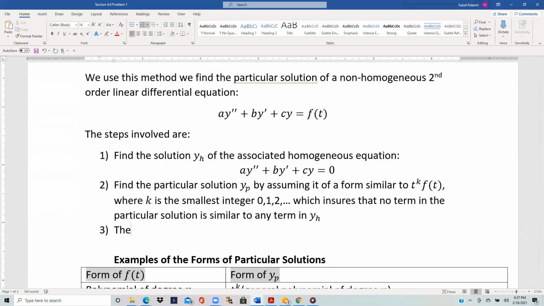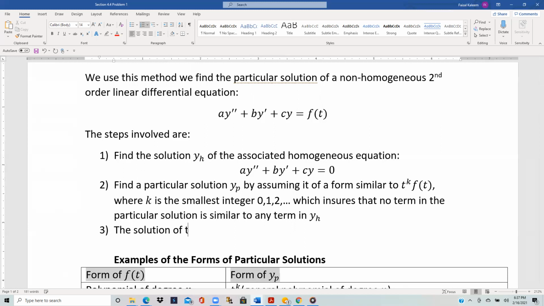The solution. So now we are not talking of the homogeneous solution or the particular solution. In step 1, we talked of the solution of the homogeneous equation. In step 2, here also we should say find a particular solution. And then we talk about the solution, which means the complete solution, not any of the two parts.